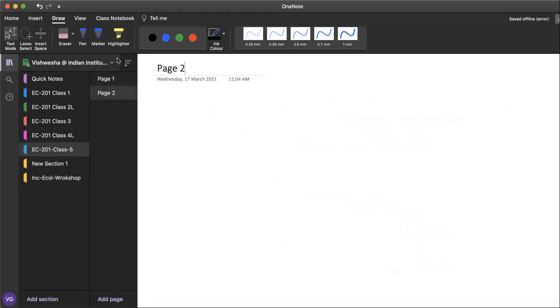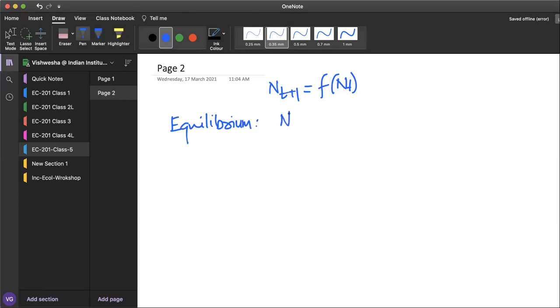Then we can write this also in the more compact form. N of t plus 1 is equal to f of n of t, where f basically is r times n. Okay, I have now written a single function f, and then we can define equilibrium. Equilibrium is a scenario where population doesn't change with time, and if we denote n star as equilibrium, how do we find equilibrium?